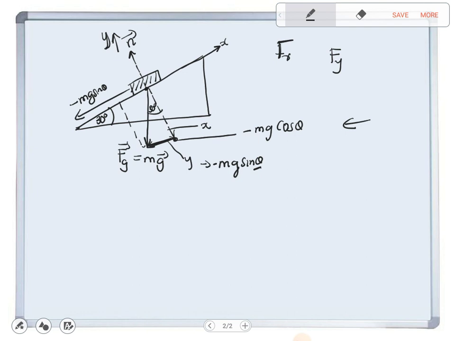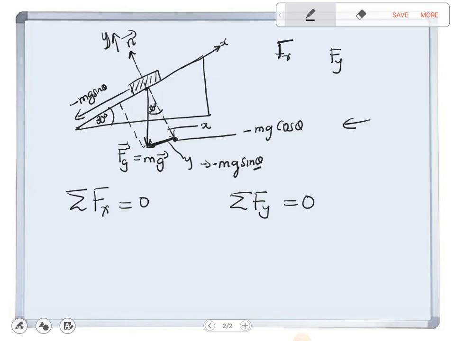Now, what is going to help us solve this question is that we need to establish two conditions for equilibrium. The first one is that the sum of forces in the x should be equal to 0, as well as the sum in the y should be equal to 0.